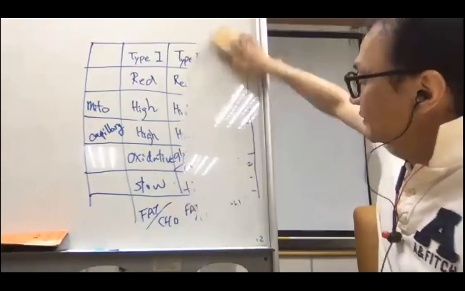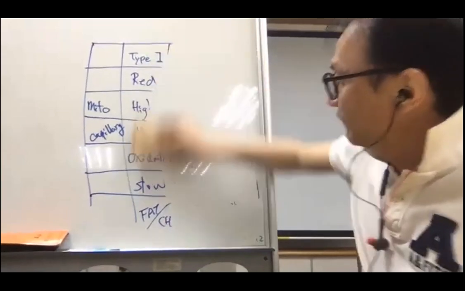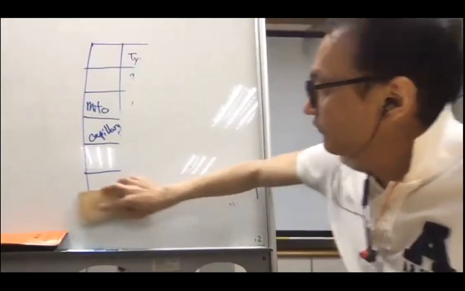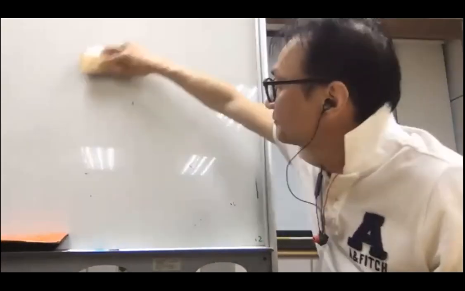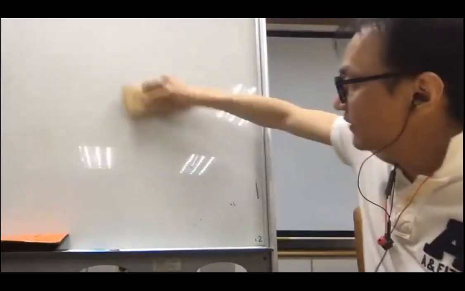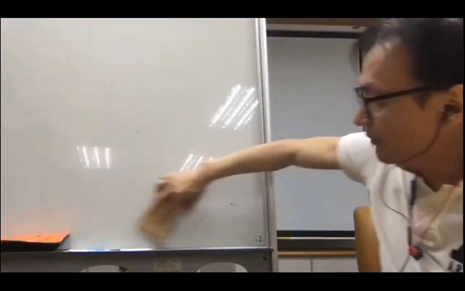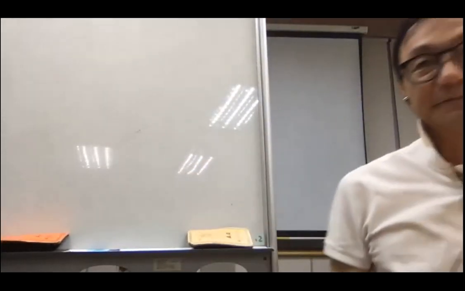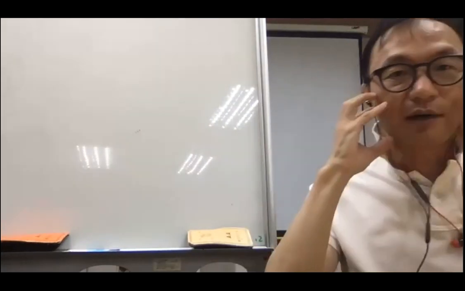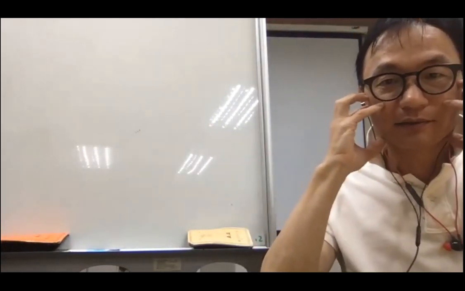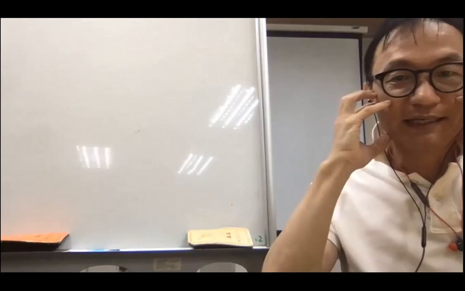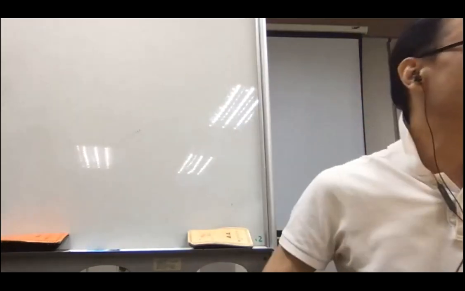Okay, I think this is good enough to give you the concept that muscle fiber in your body should not be considered the same. Okay, the muscle in your jaw right here is mostly fast twitch.